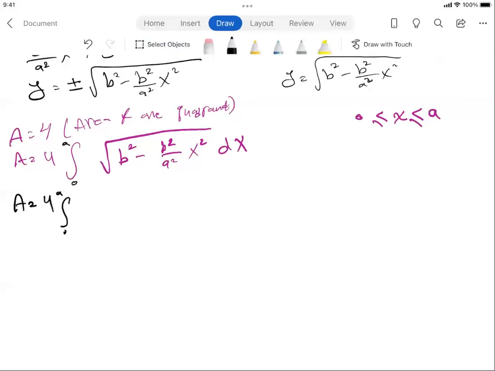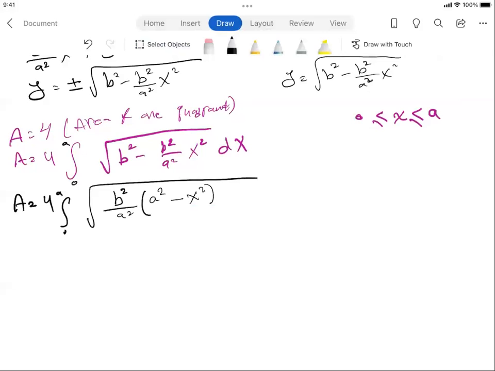If I factor b square over a square from this, then simply I will have a square minus x square.